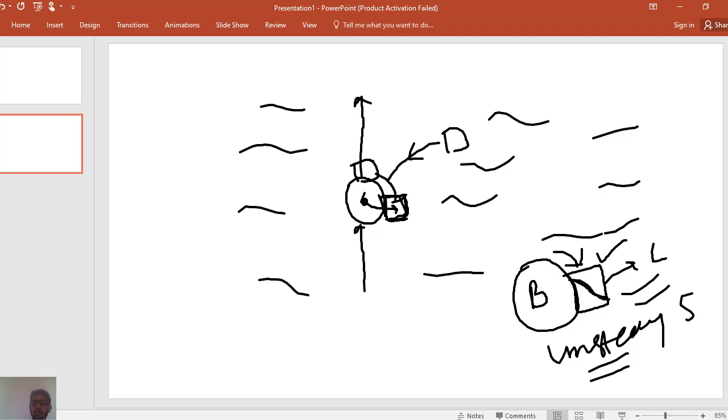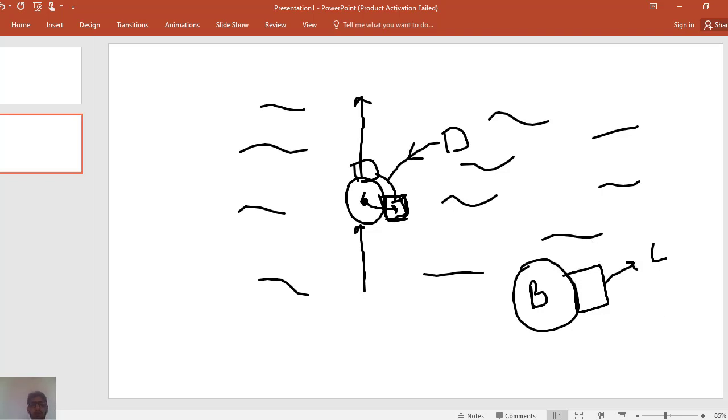So unsteady state mass transfer will occur in the liquid element which is attached to the air bubble. When the liquid element is attached to the surface of the bubble, unsteady state mass transfer will start in the liquid element.